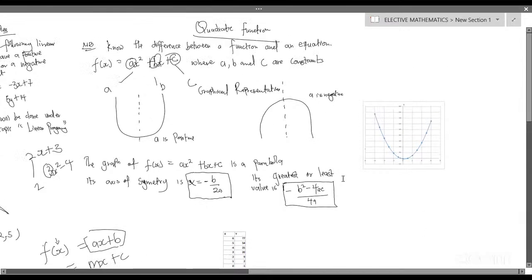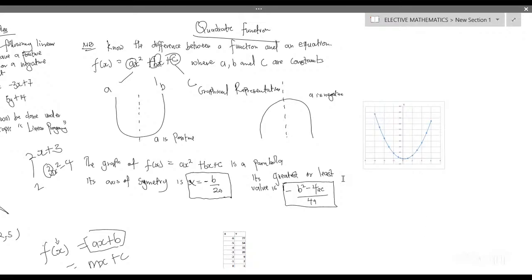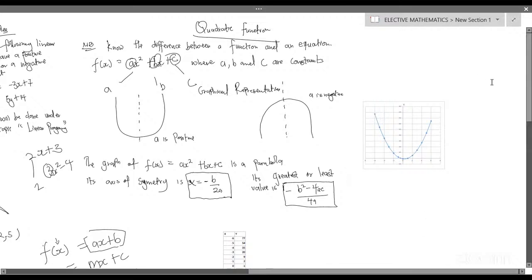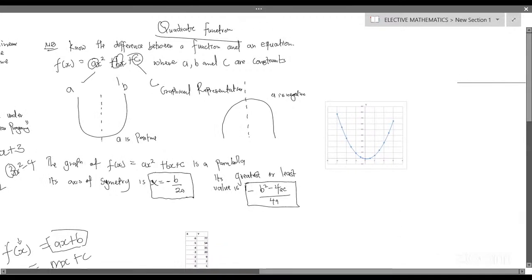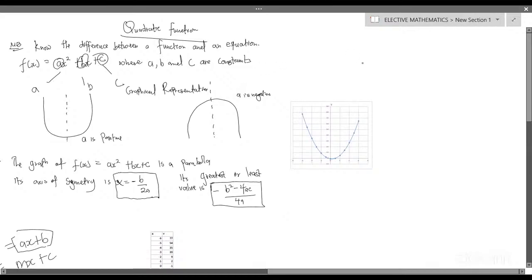So we are going to plot 5 graphs before we continue. We are all going to learn how to plot a quadratic graph. So this is the quadratic equation. You are going to use your calculator to get the table and everything, and that is what we are going to use to plot the graph. So this is number 1, number 2, number 3, number 4, and number 5.